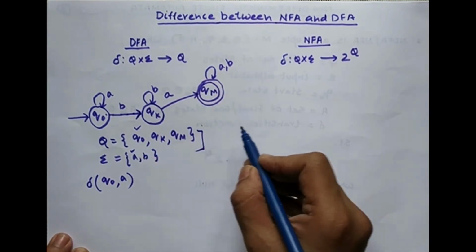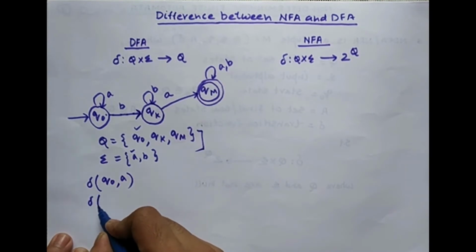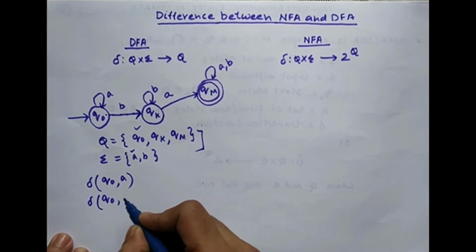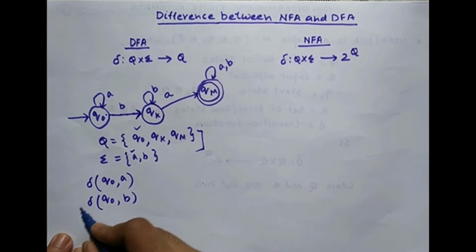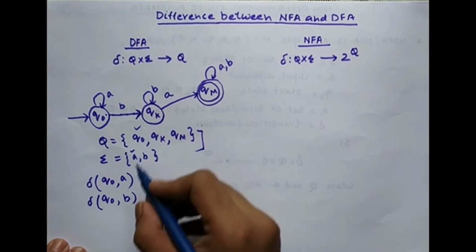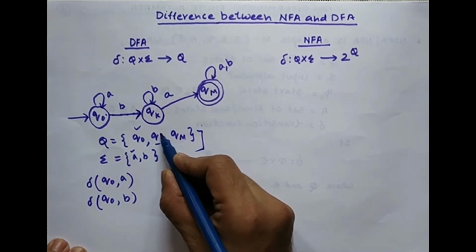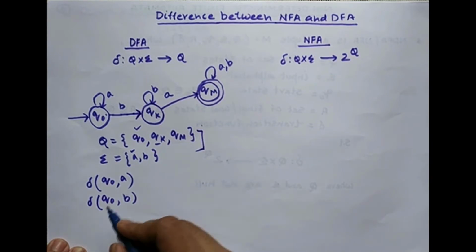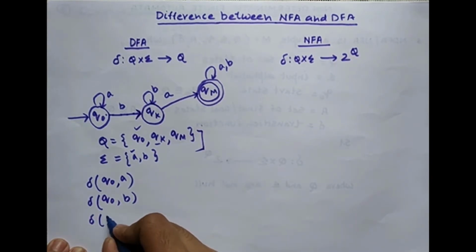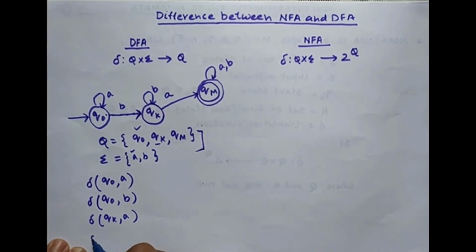This is how we find the cross product. So delta of the first element of the first set and the second element of the second set, then the second element of the first set and the first element of the second set, delta of qk comma a, and then delta of qk comma b.